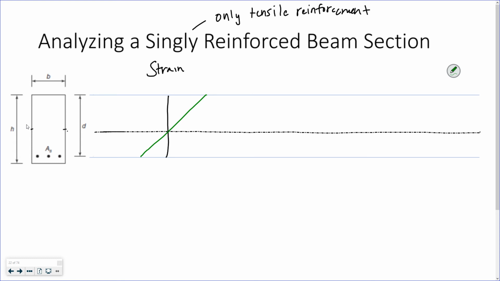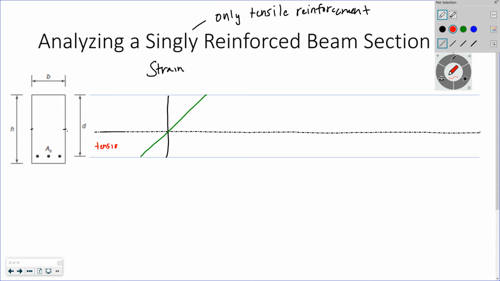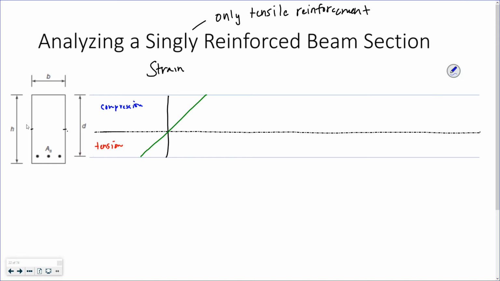Because we assume the bottom half is in tension, and the top half is in compression, and we're ignoring any contribution of tension strength from the concrete.